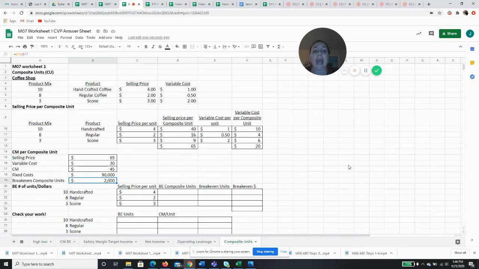Okay, so now I have to convert my break-even number of composite units back into individual units. Okay, so break-even, I can do units or I can do dollars. So my selling price per unit is $4 for handcrafted coffee, $2 for regular coffee, $3 for scones.